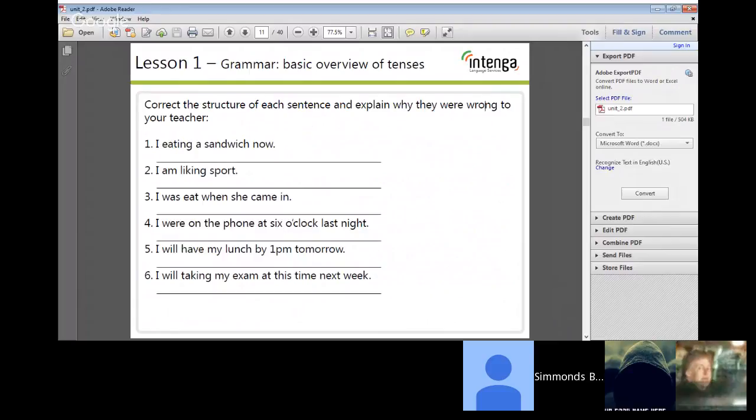Yeah, just we missed that to be verb is are, because I'm eating a sandwich now is correct. If I say I eating a sandwich now, it is not correct. Okay, so very good. So I am eating is perfect.